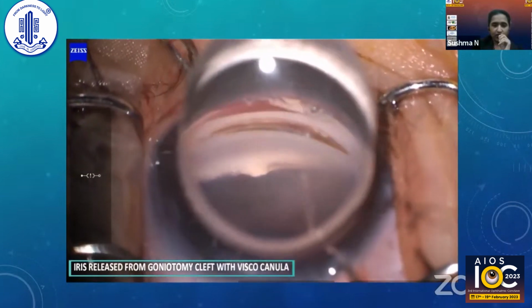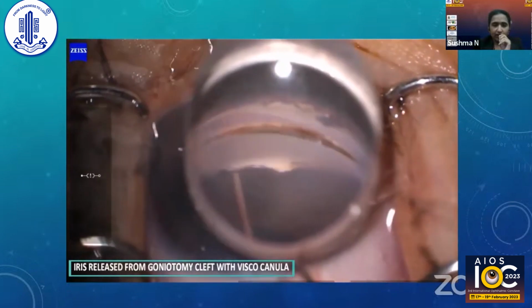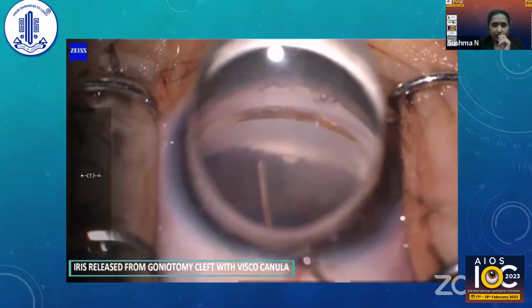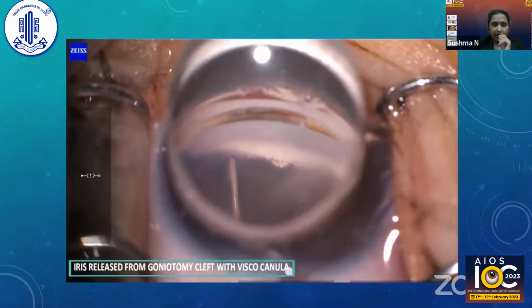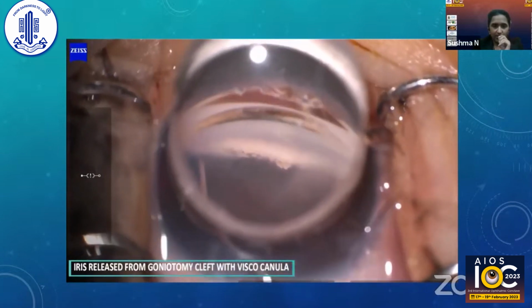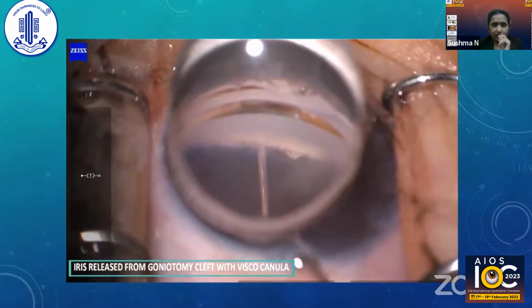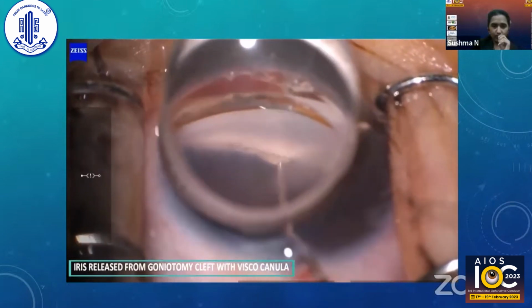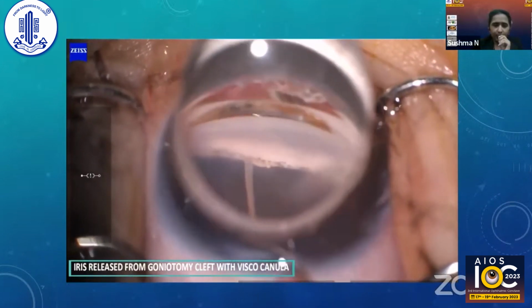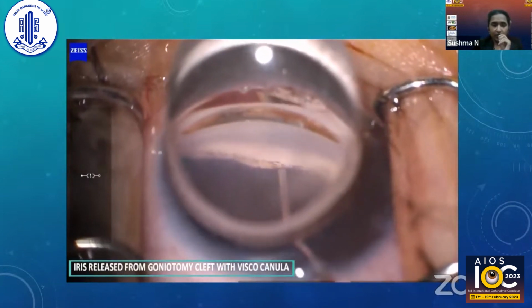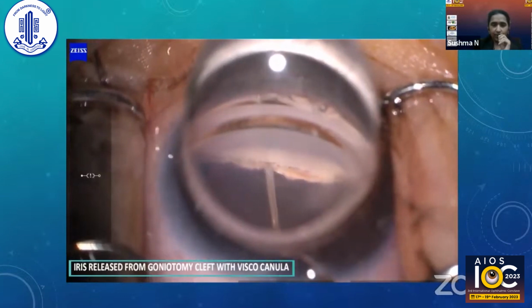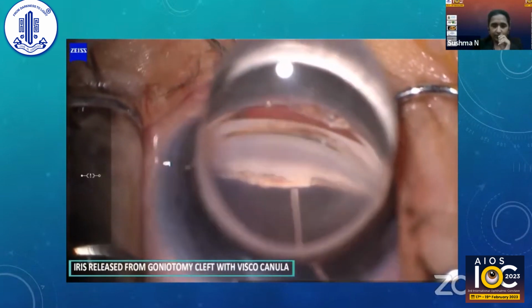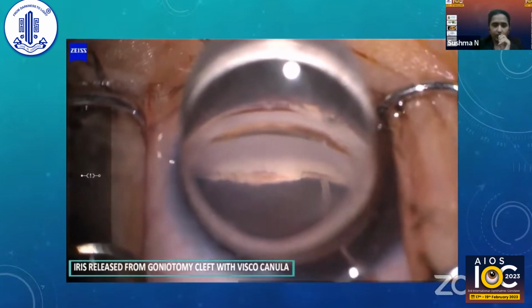So we just injected the viscoelastic material, and with the cannula of this viscoelastic material, the iris was gently pulled away or retracted away from this goniotomy cleft. And you can see beautifully this goniotomy cleft was opened again. The patient was fine. The IOP was borderline, so we then planned for trabeculectomy at a later date because it was advanced glaucoma.